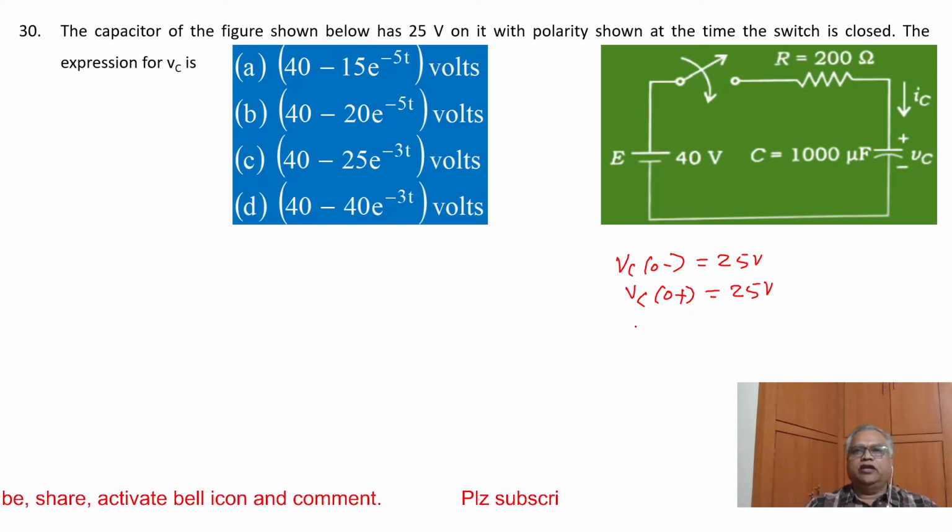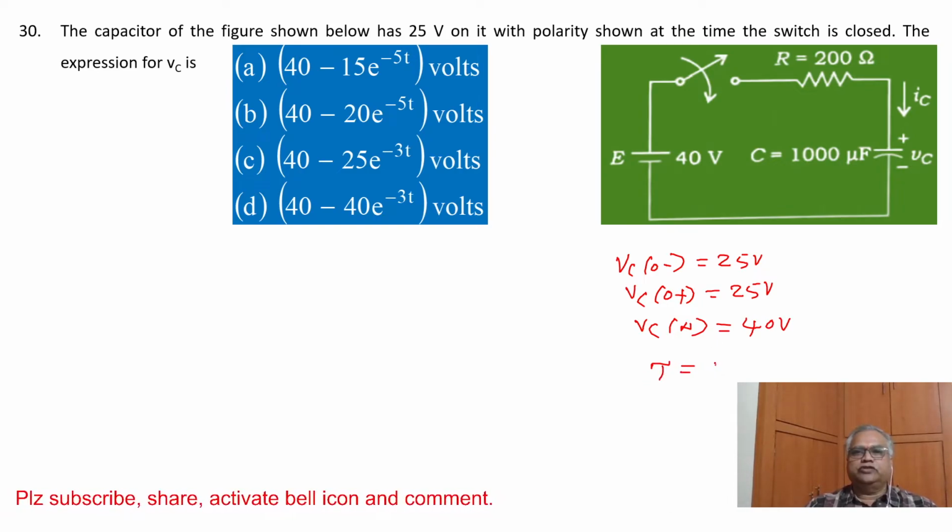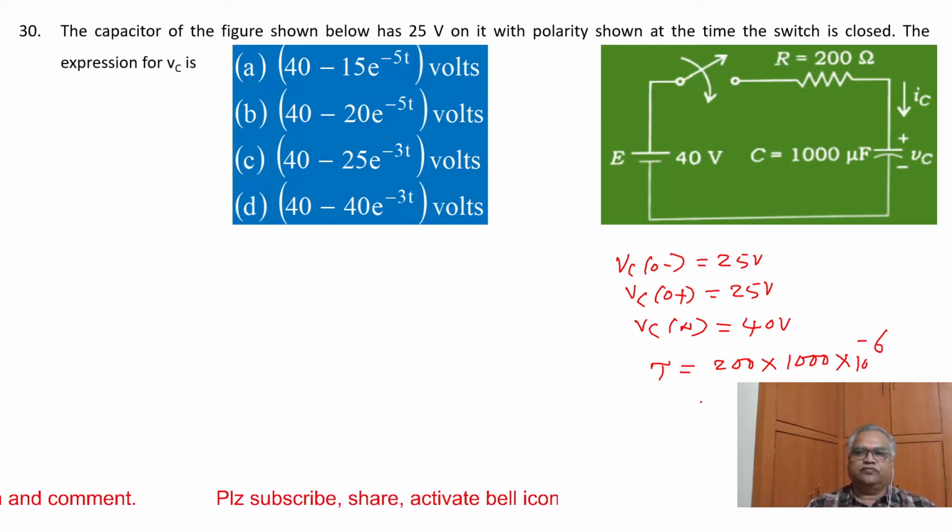What is the final Vc infinite? The capacitor is fully charged to 40. Then we want tau. Tau is 200 into 1000 into 10 power minus 6, so 0.2 seconds.